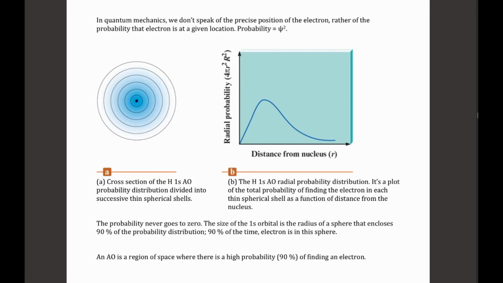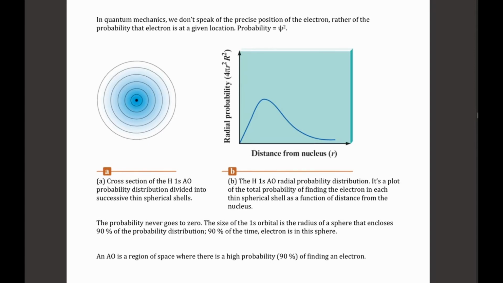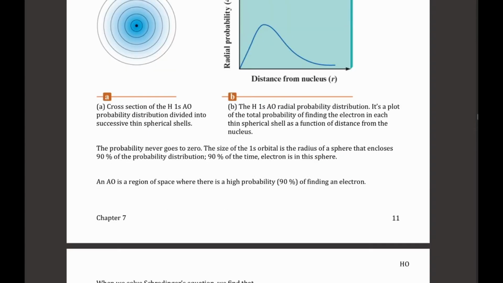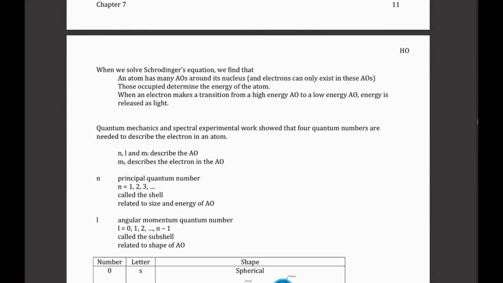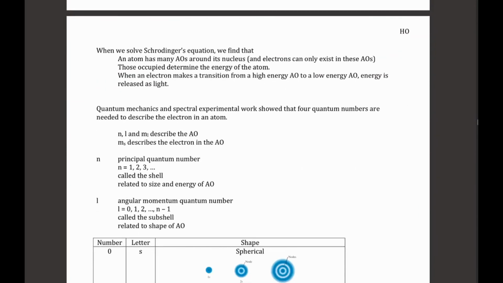Notice that the probability never goes to zero. The size of the 1s orbital is the radius of a sphere that encloses 90% of the probability distribution. 90% of the time, the electron is in this sphere. An atomic orbital is a region of space where there is a high probability of finding an electron. So it's like a little house with 90% certainty that the electron we're working with is in that.